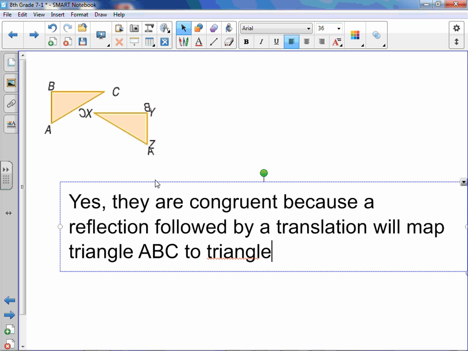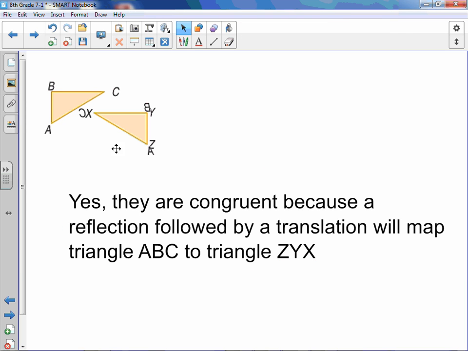Now here's the tricky part. I said ABC, so I need this other triangle to match my letters. For example, I used point A first, then B, then C. So I'm going to use the same order of letters. So Z, Y, X. Okay.